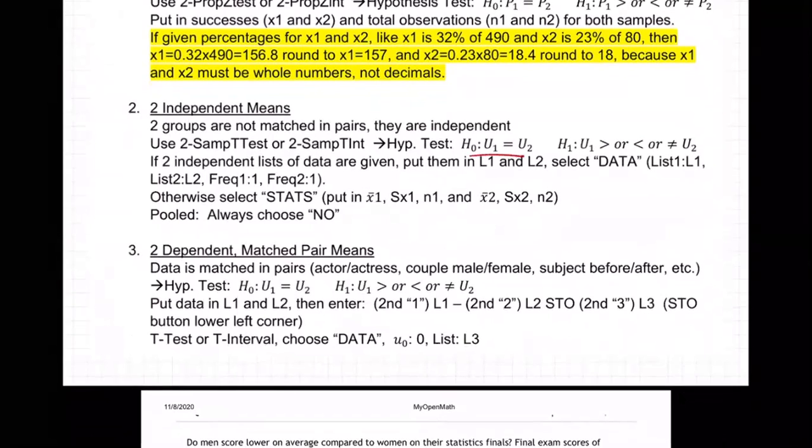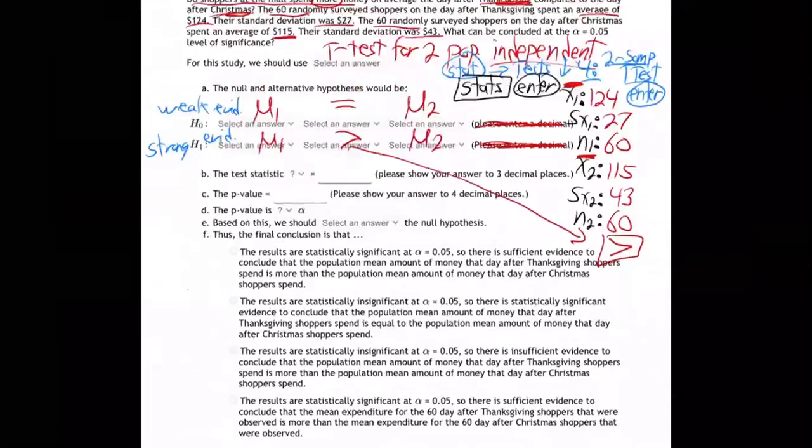So here's the notes for your 2 independent means. So let's see what it says right here. Otherwise, select stats, if two lists of data are given, that's not us. Choose stats, put in this stuff. If pooled, always choose no. So it's right on the exam notes for you.